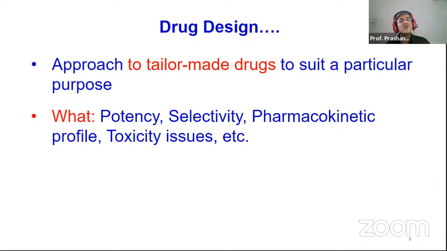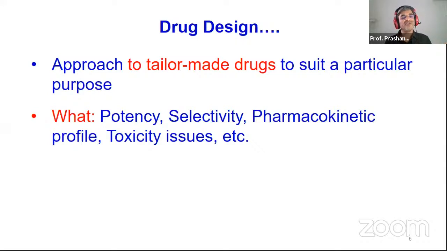So everybody would want a very potent drug, a nanomolar inhibitor, or probably a picomolar inhibitor. The more potent the drug, the lesser the dose which will be required for eventual therapeutic benefit, because it has direct implication on the cost. Suppose you want to make a 0.5 milligram diazepam tablet versus a 500 milligram diazepam tablet.